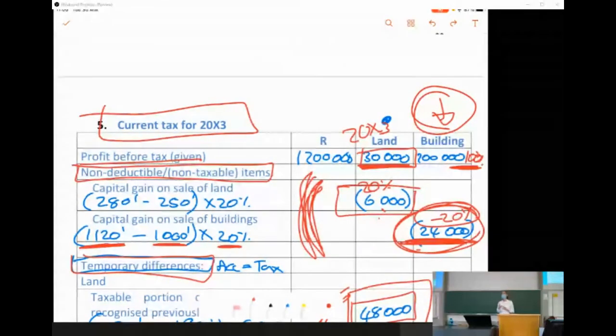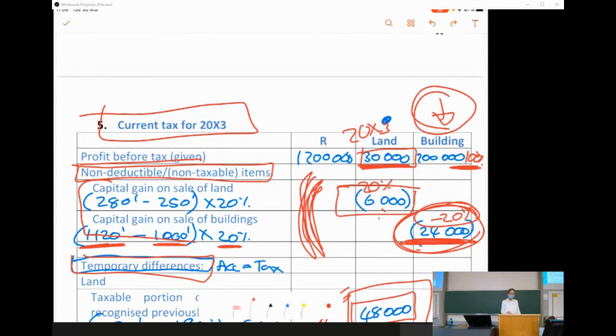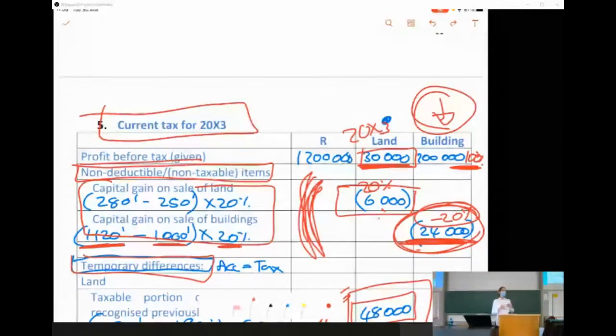You'll also see in your notes in IAS 16 that we provide you with an alternative. There are different ways to skin a cat. Just remember that the problem with our CGT is that the 20% that we're not taxed on is going to be a permanent difference, whereas the rest is actually just a temporary difference.